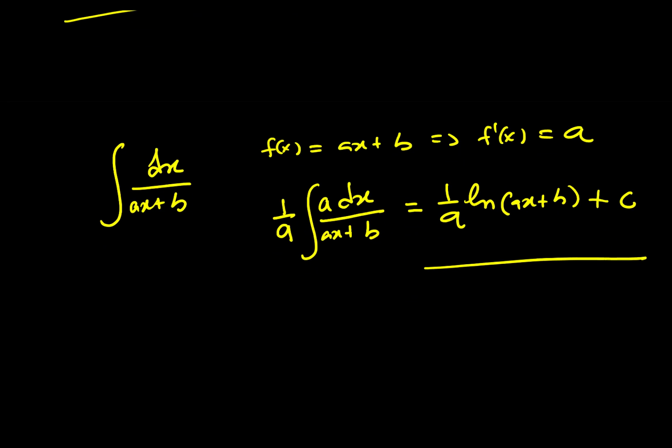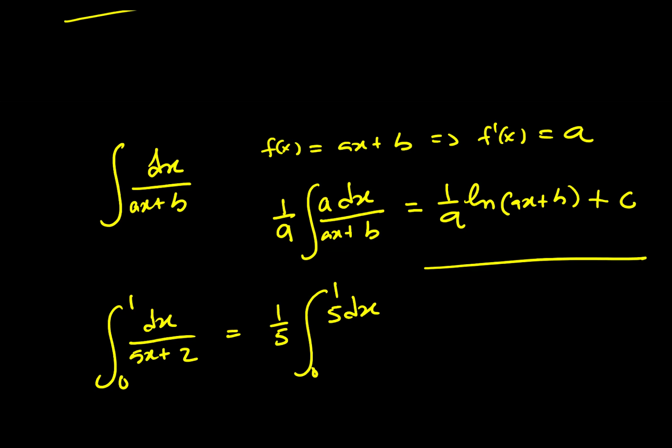One last example, the integral from 0 to 1 of dx divided by 5x plus 2. This is the same as 1 over 5, the integral from 0 to 1 of 5 dx divided by 5x plus 2, which is the same as 1 over 5, the natural log of 5x plus 2 from 0 to 1.